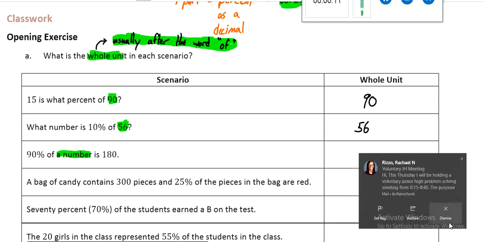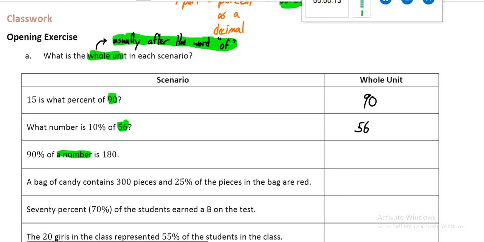And the same kind of theme holds true, where it's usually after the word of. Right here, if this was a number, it would be the whole, but we don't know the number. So we'll just say the whole unit is a number. And sometimes that'll happen. You'll have to use that formula to find the unknown. The unknown could be the part, the percent, or the whole.